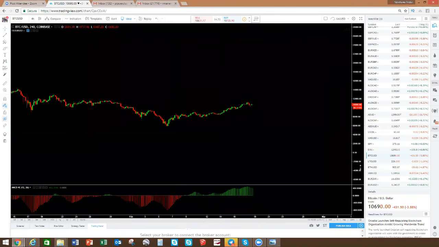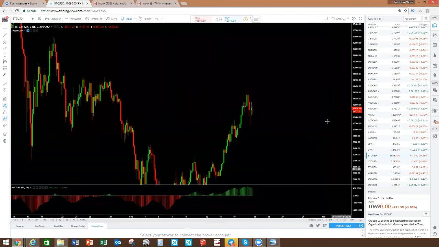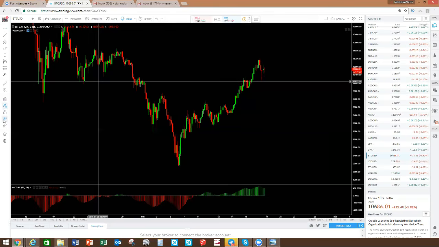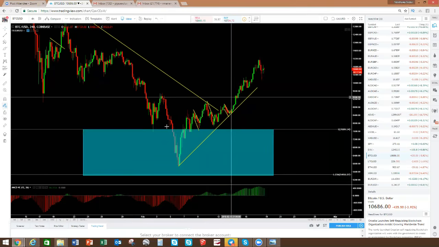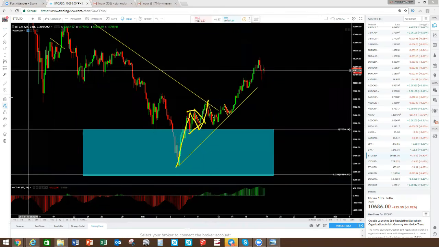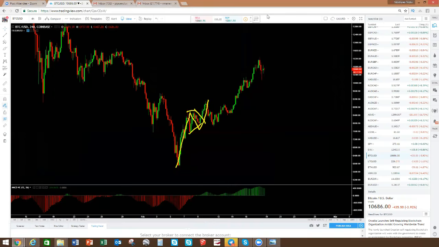Let's go 4 hour now. So when you go to the blue box, it gives us indications of buy corrective structure. You could buy there, first with a 1, 2, 3. Switch this off, it's cluttering our chart.